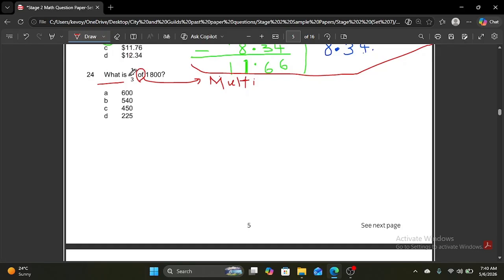All right. So a fraction times 1,800. So that's 1/3 times 1,800 over, because this is a whole number, we can just put it over 1.